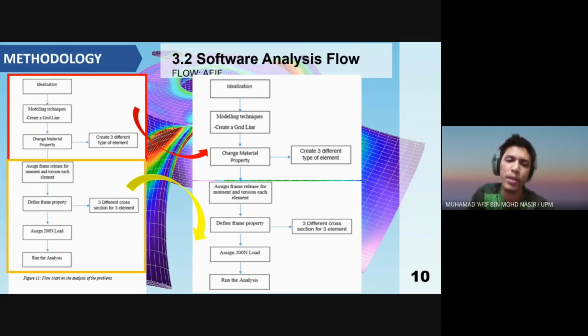Then we define the frame property, as we have three different cross sections for the three different elements. Then we assign the 200 Newton load at the end of element 2. Then we run the analysis and we get the nodal displacement.